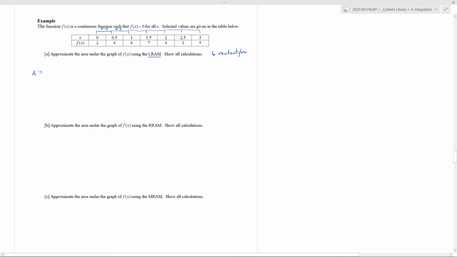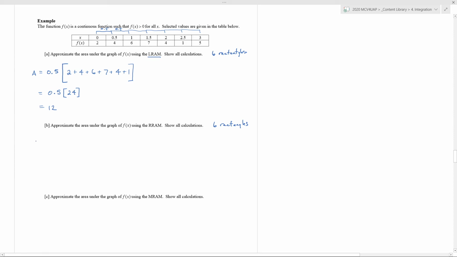Now, for our RRAM, we'll use 6 rectangles again. Okay, the width of them is still 0.5, except now, notice that for the LRAM, I used all these here. The RRAM is going to be different. The RRAM is going to be 4 plus 6 plus 7 plus 4 plus 1 plus 5.